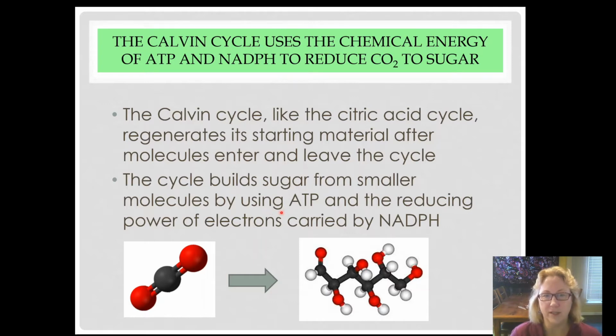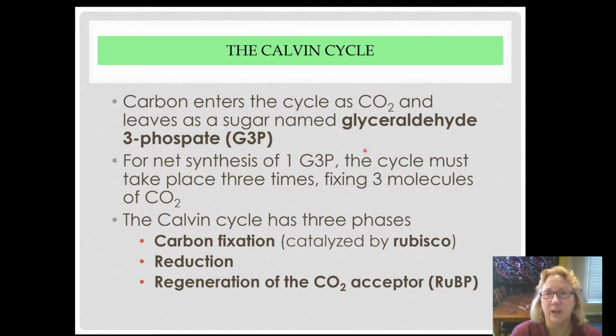So the Calvin cycle is going to take carbon dioxide, attach it to a larger molecule, and reduce it using NADPH, because to go from carbon dioxide to glucose, carbon dioxide is going to be reduced. Our first sugar output is G3P, the same molecule that we saw as an intermediate in glycolysis.